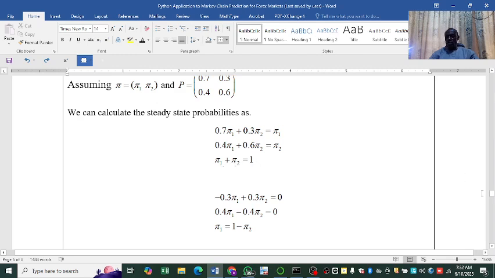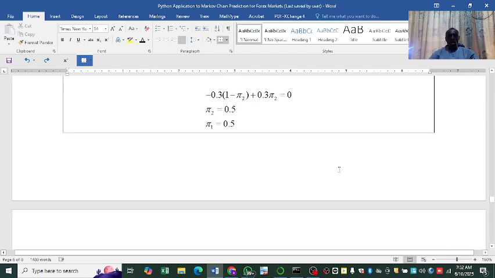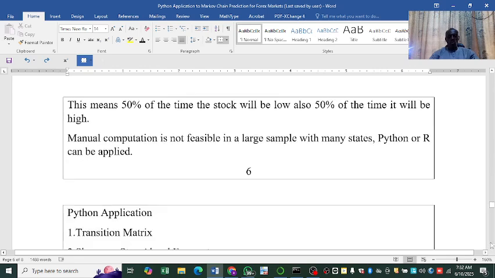Then we now solve the system of equations. If we solve it, we get pi 1 to be 50% and pi 2 to be 50%. That means that the system will spend 50% of its time in state 1 and 50% of its time in state 2.